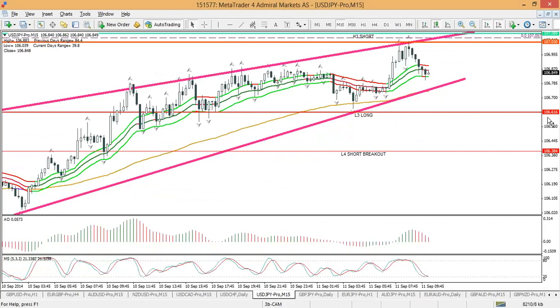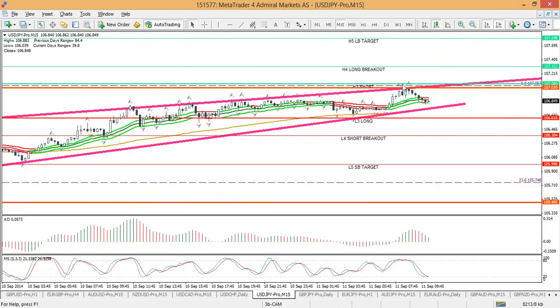If we look at the H5 target, it's 106.70, which makes sense. 106.75 is a big minus 272 target of the daily chart. So I said 107.50 because it's a bit more conservative. So that zone there, 107.50, 107.70, I would say, is the levels to think about.